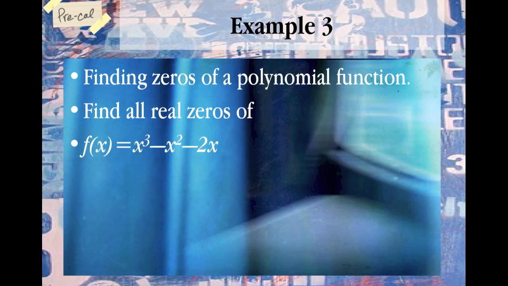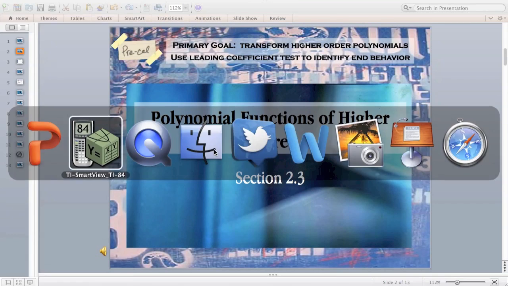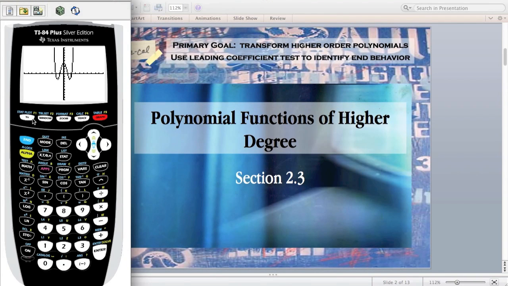Now if we want to write the x-intercepts, then these are your x-intercepts: 0, 0; 2, 0; and negative 1, 0. If you were to graph this, we would see each of those as they cross over the x-axis. And we'll look at that here.